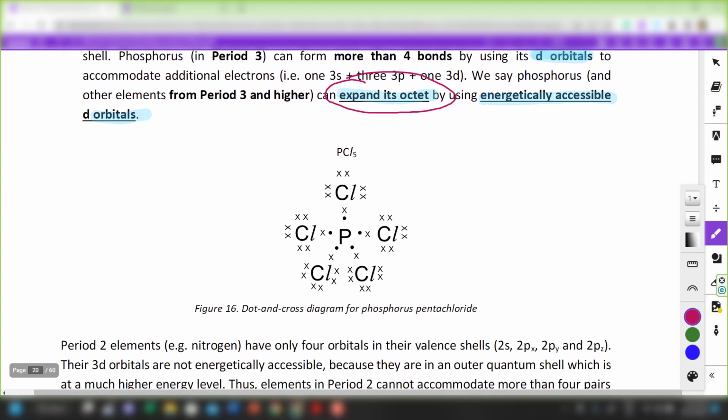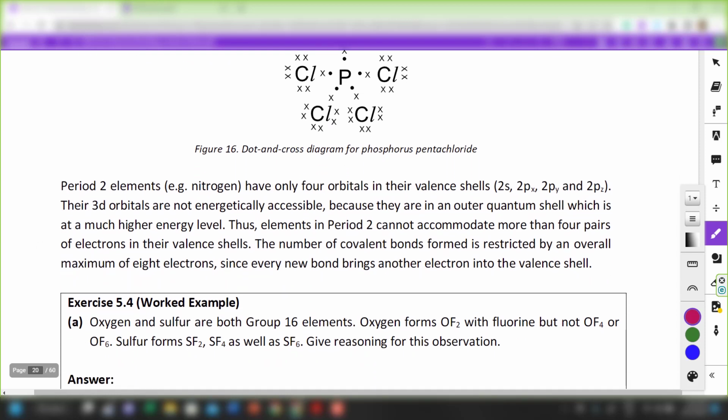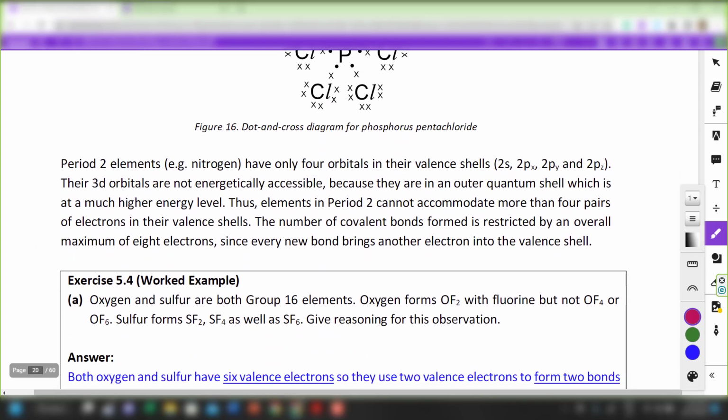So PCl5 is a typical example. If you do a quick count, there are 10 electrons around the phosphorus center, so that's fine. Over here we have a paragraph saying that period 2 elements have only 4 orbitals, so that's S and then 3 sets of P, so Px, Py, Pz, so octet expansion is not possible. What is the next available orbital for period 2 elements?